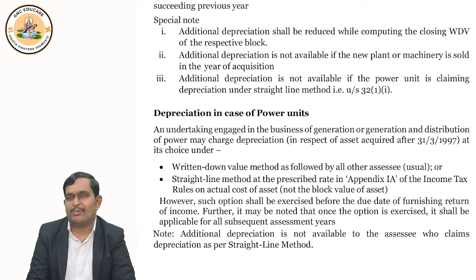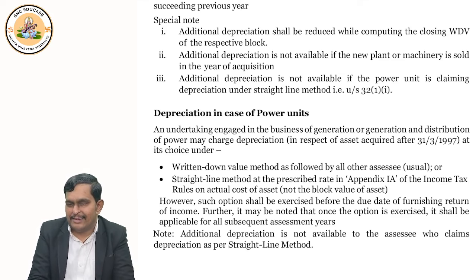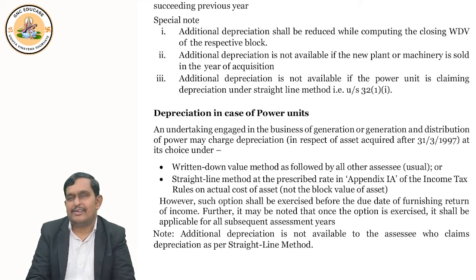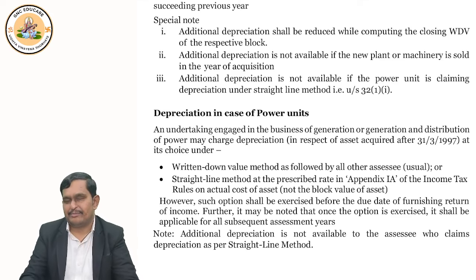Similarly, while computing the WDV, normal and additional both are deductible under the optional tax regime, but under 115BAE, only normal, no additional. This way you should remember all topics in relation to additional depreciation.